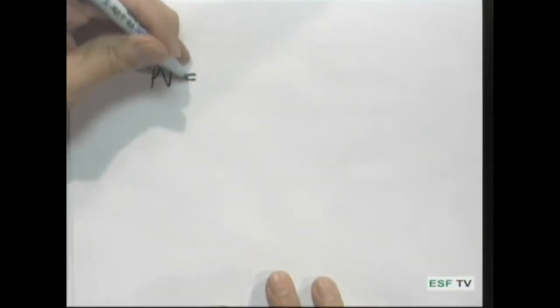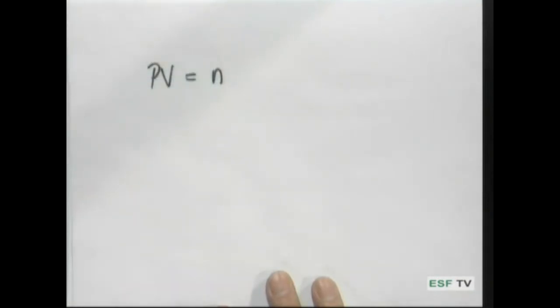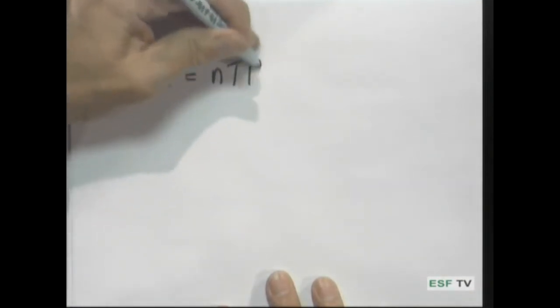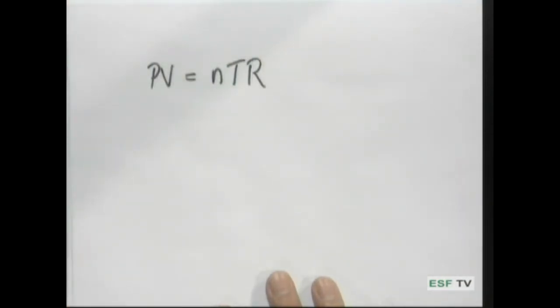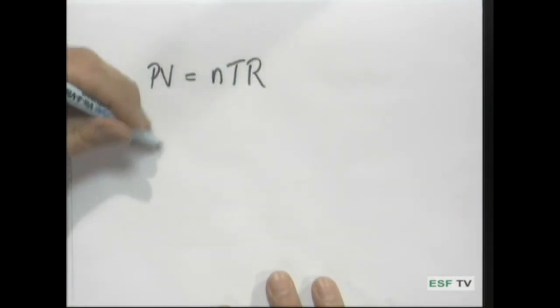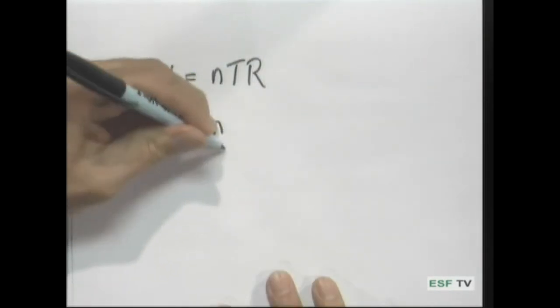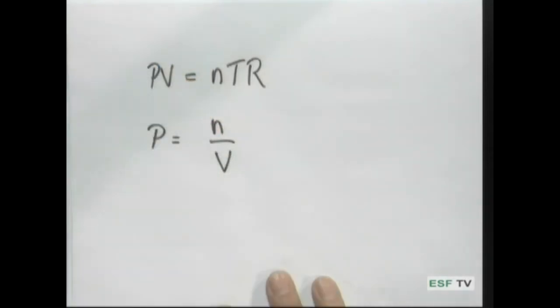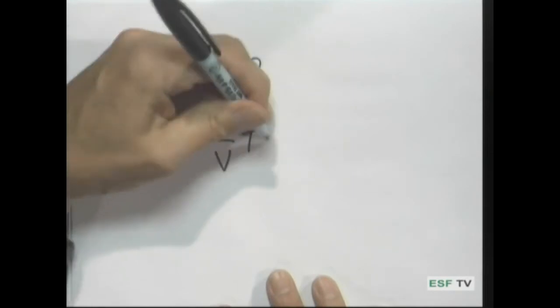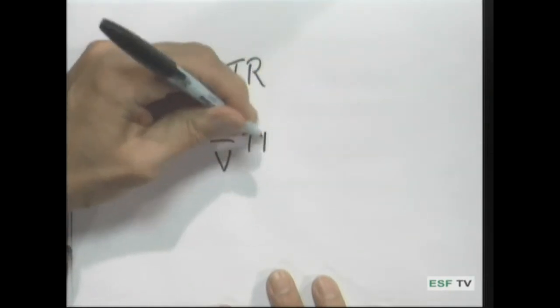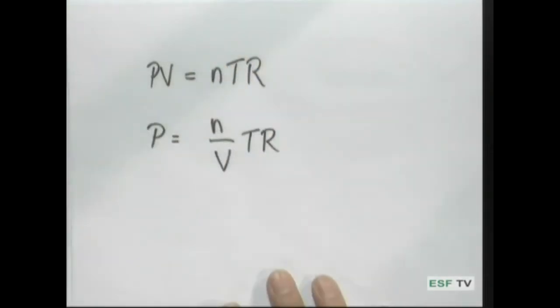Let's take our ideal gas law. Pressure times volume is equal to molar quantity times the temperature times the gas constant. Now we want to isolate pressure on one side of the equation, so we'll divide both sides by volume. We're going to do a clever thing here. We're going to isolate molar quantity per volume, multiplied by the temperature and the gas constant.